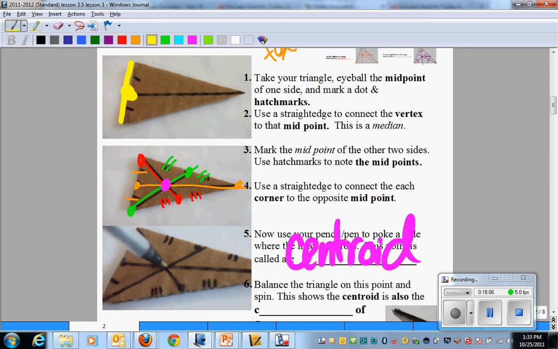Now find the midpoint of this side, corner to midpoint. This side, corner to midpoint. When you're done, it's going to look like that. All right, so you're doing this 3 times. Corner to midpoint, and then you find the midpoint.